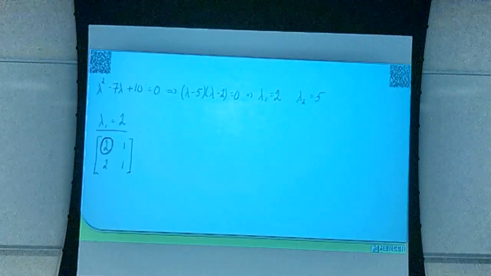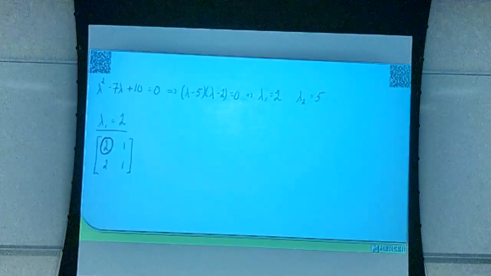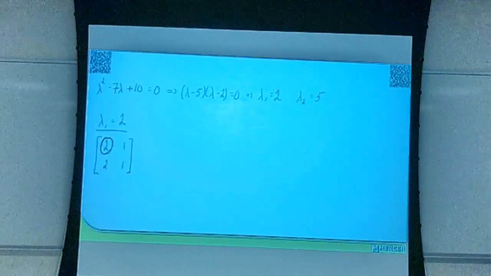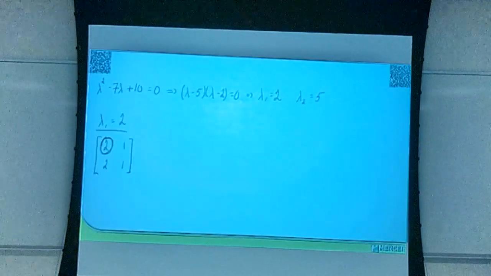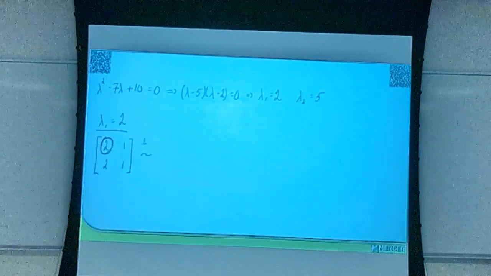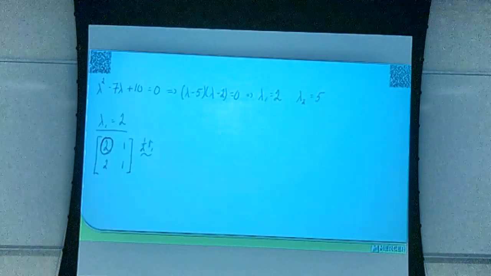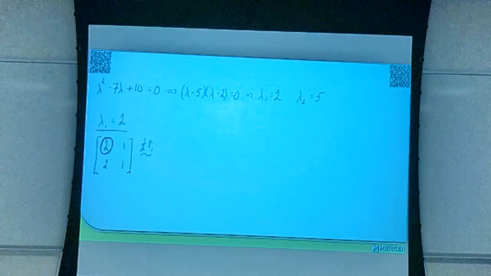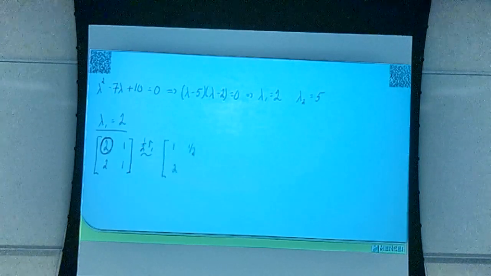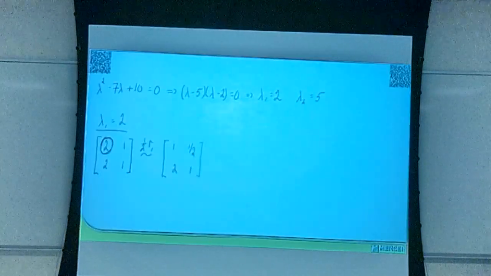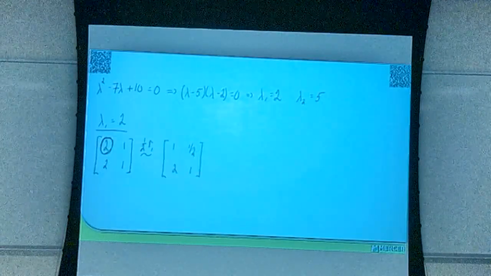You don't have to. But when you're first learning it, it's a good idea to do it. Just stick with the process. That's done by multiplying row 1 by a half. Now you want to zero out everything below that pivot.